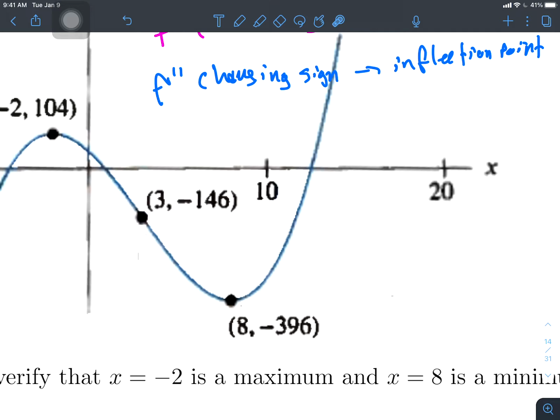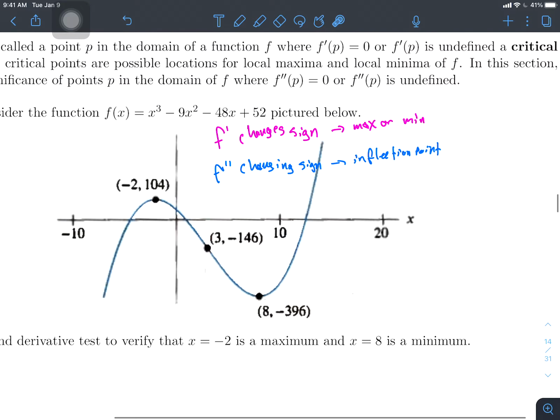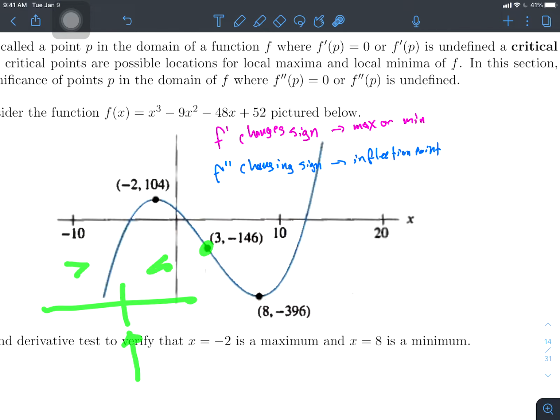The way we checked that was simple. We did basically the same thing as the first derivative test, only we used the second derivative. We made a number line, checked the places where the second derivative is 0, which at this point the second derivative will be 0, and then checked whether the second derivative goes from being positive to being negative, or from being negative to being positive. If it has one of those two behaviors, then we call it an inflection point because the concavity has changed.